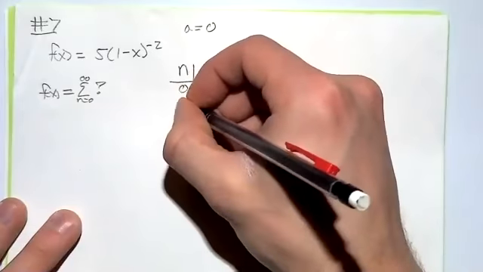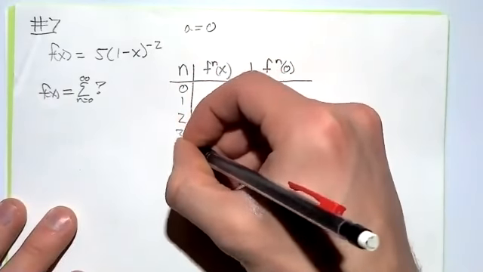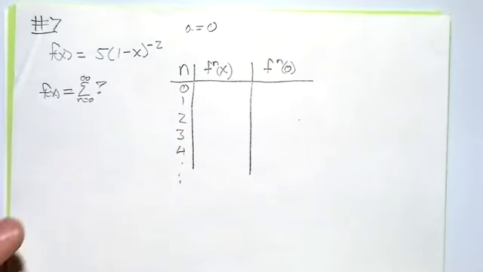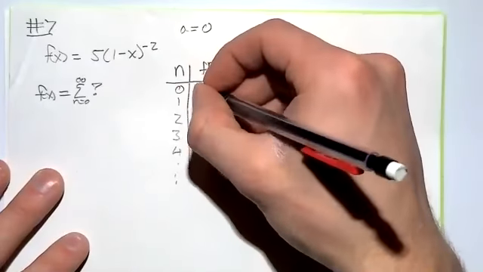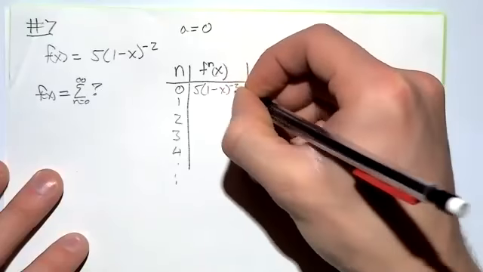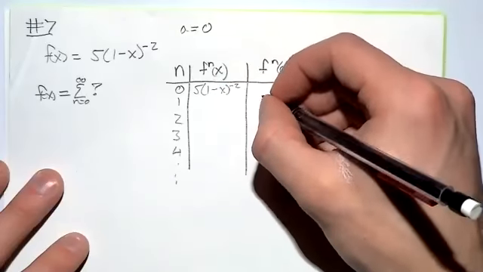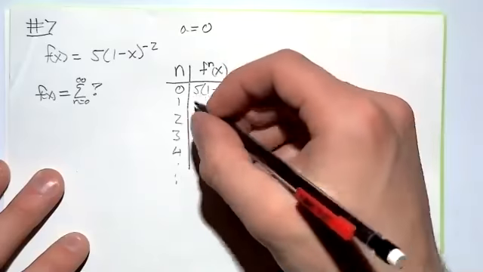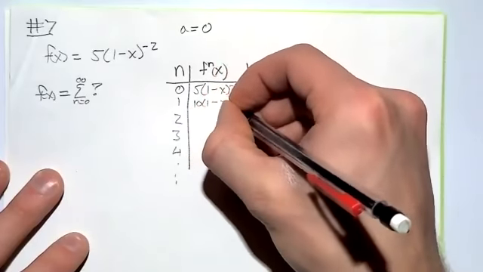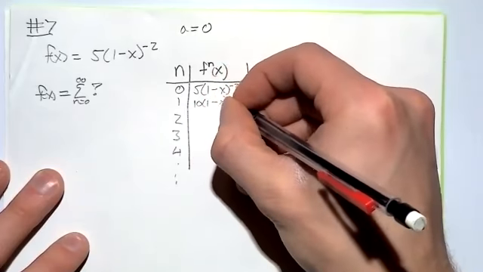So n is 0, 1, 2, 3, 4, and so forth. This is a fun process. So the first one, we just simply have 5 times 1 minus x to the negative 2. And when we plug that in, we get 5. Think about our next one. We're going to have 10 times 1 minus x to the negative 3rd.